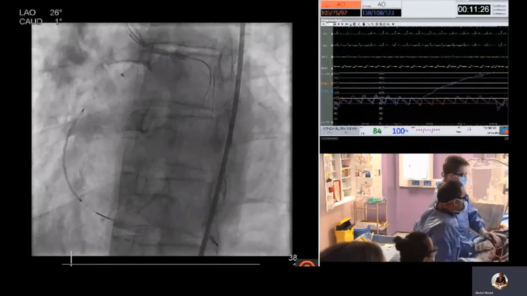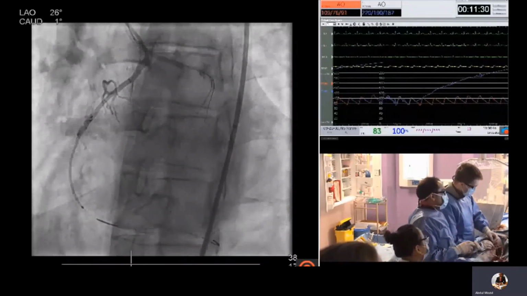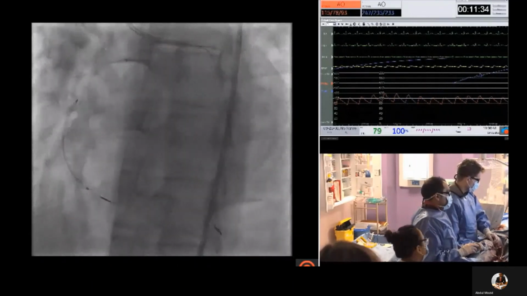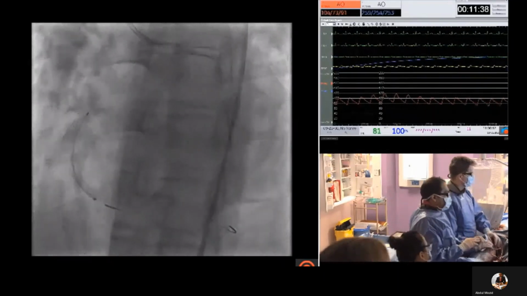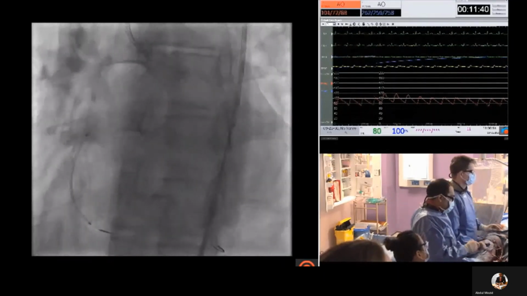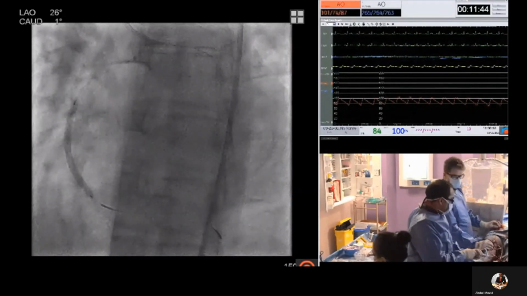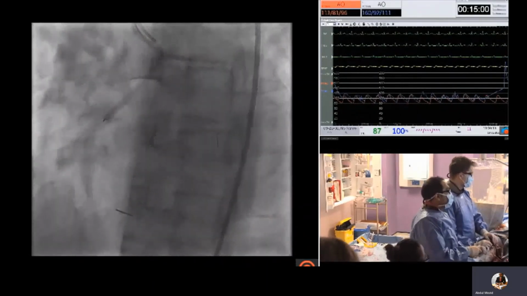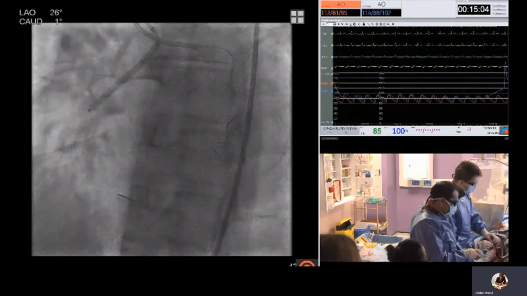First one deployed mid to distal, proximal to the bifurcation. Second one deployed on the ostium, overlapping with the first stent.